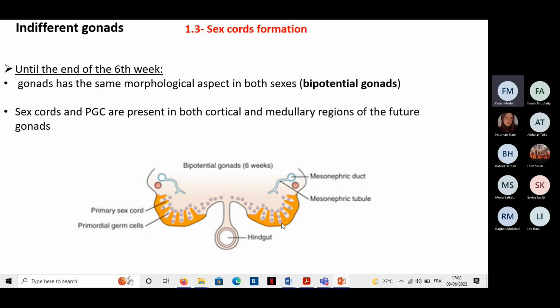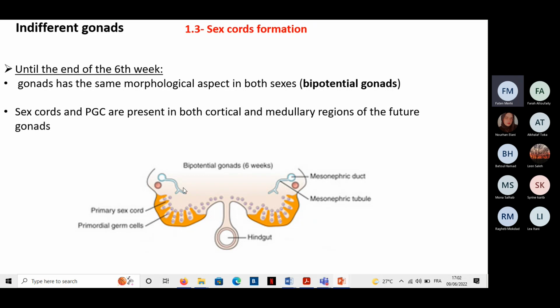So at this stage, until the end of the 6th week, we have the same genital ridges and the same gonads for both sexes. They are indifferent gonads, both having sex cords at the cortical region and in the medullary region, because as we are going to see later, in the males the sex cords will disappear from the cortical region.